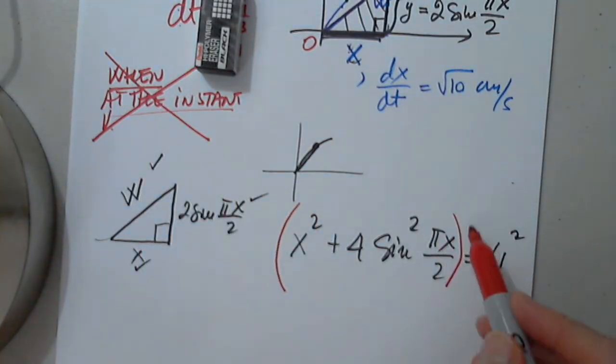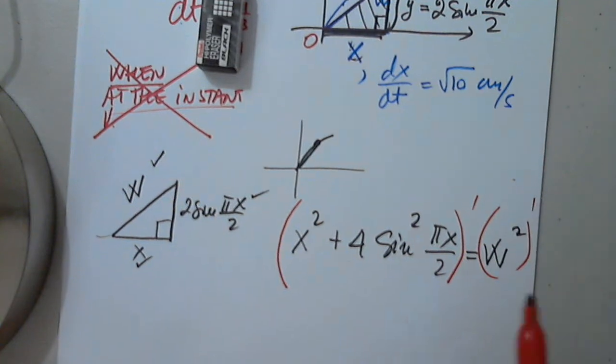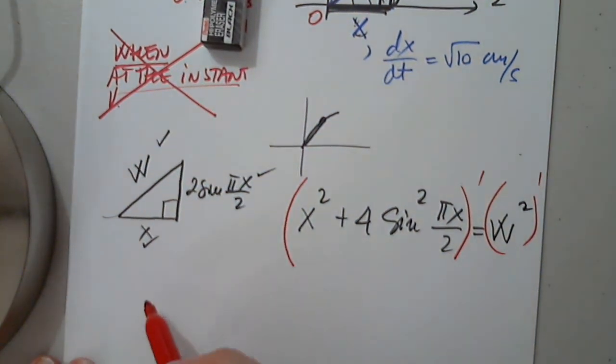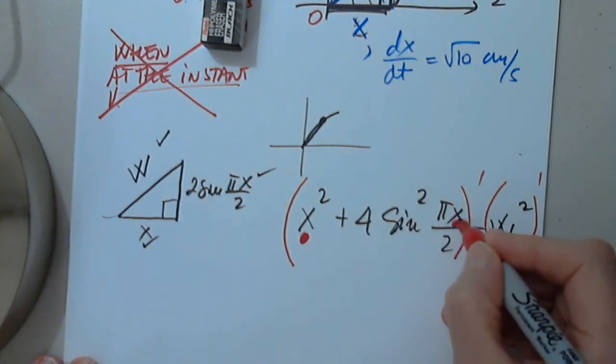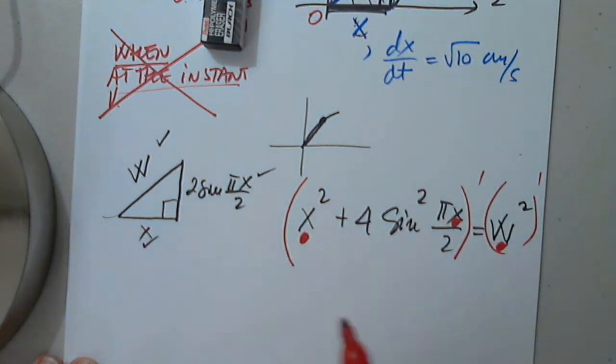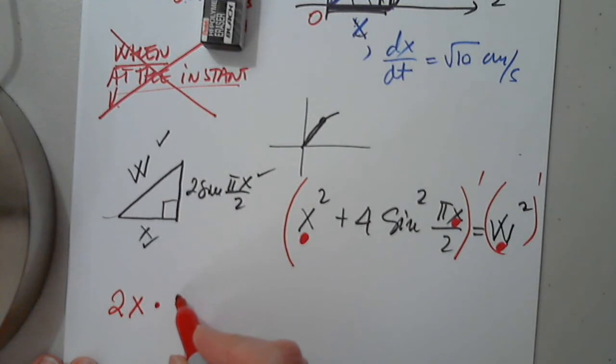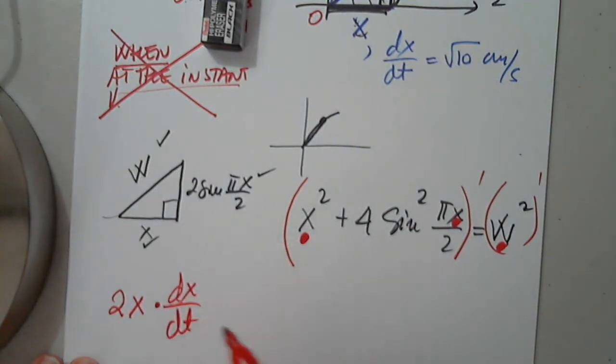Derivative of both. Excellent. Can anyone start the first one? Function of time, function of time, function of time. 2x times dx over dt. Brilliant.